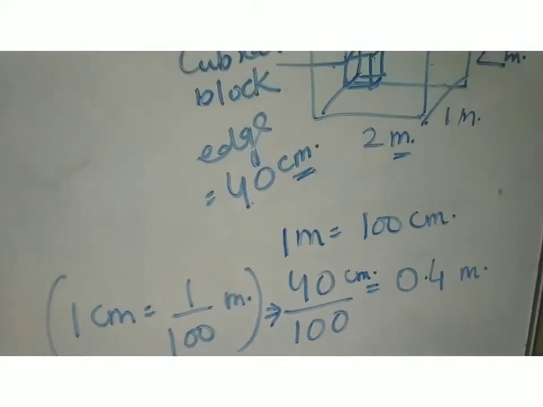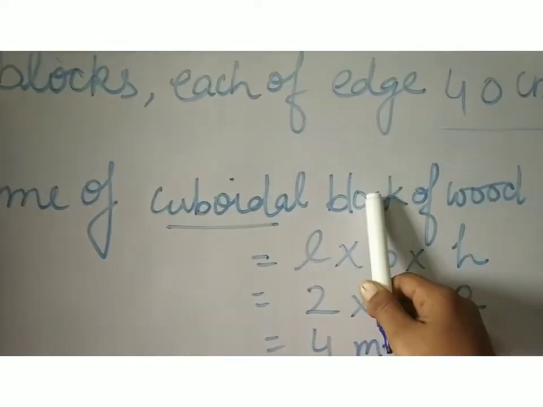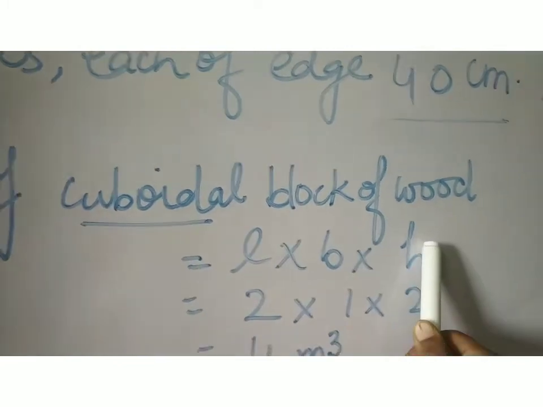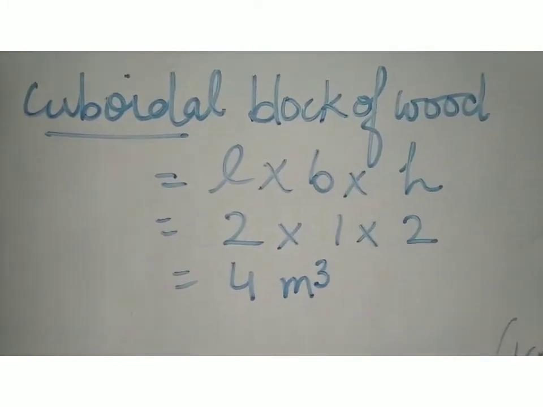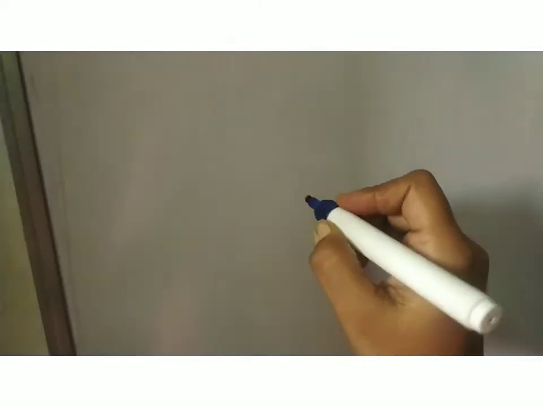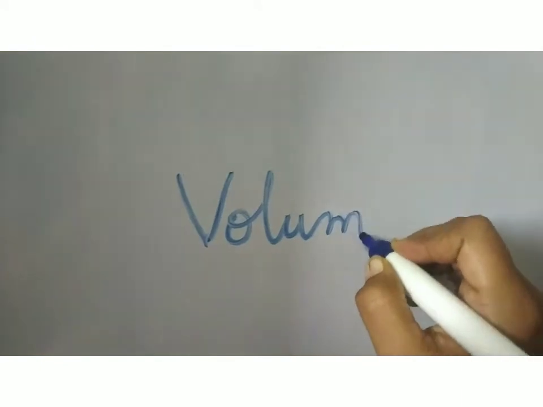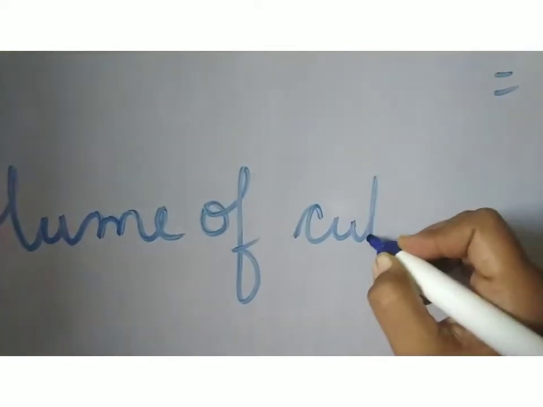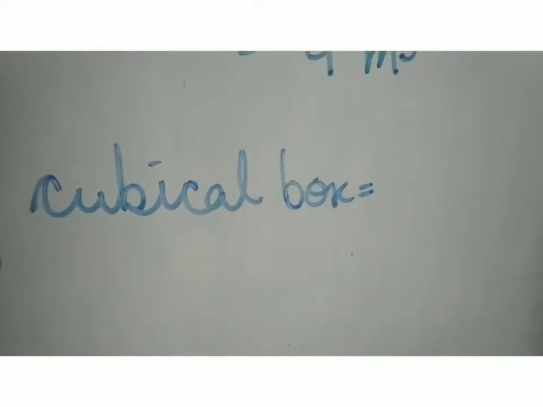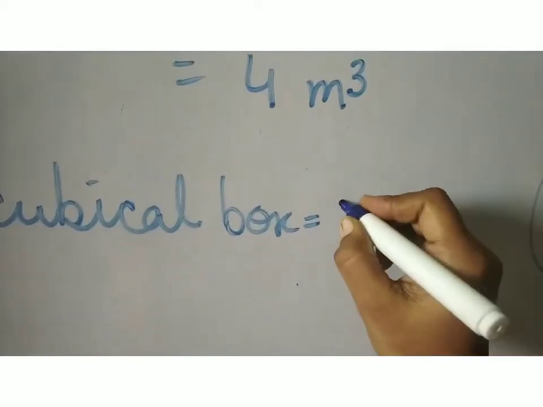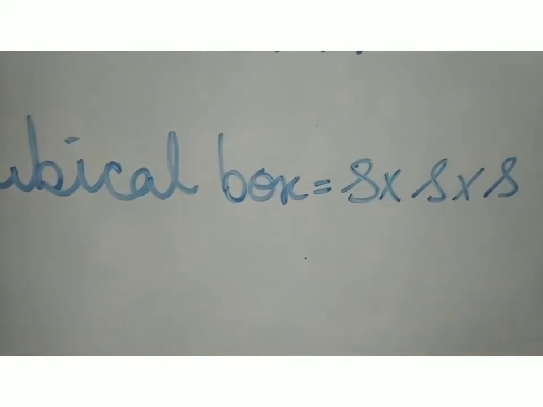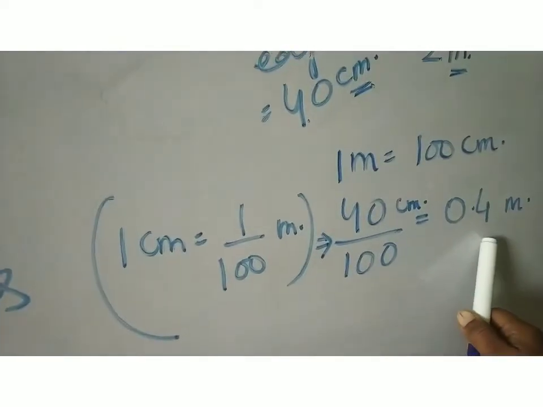Now I will find the volume of the cuboidal block. The volume of a cuboid is L times B times H, which becomes 4 meter cube. Now we will find the volume of this cubical box. As you know, the volume is edge multiplied by edge multiplied by edge, or side multiplied by side multiplied by side, and the side is 0.4 meter.